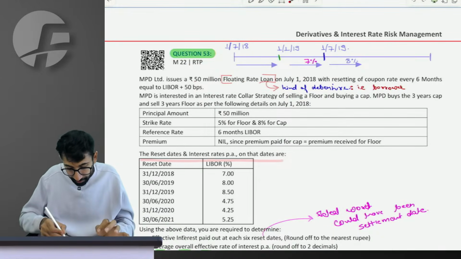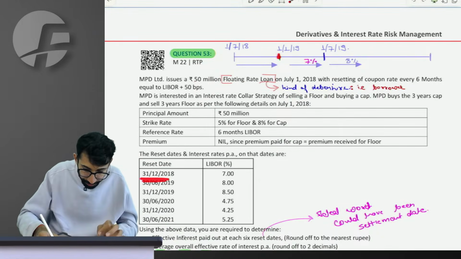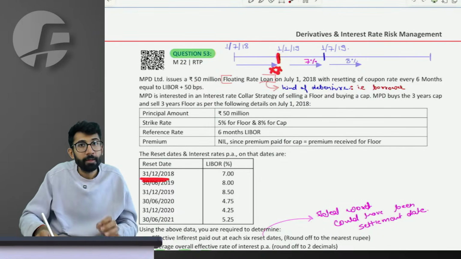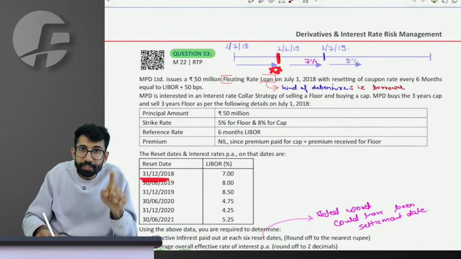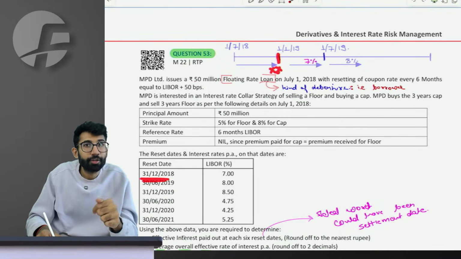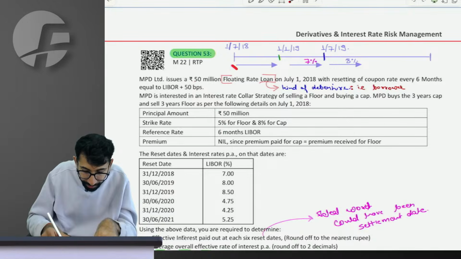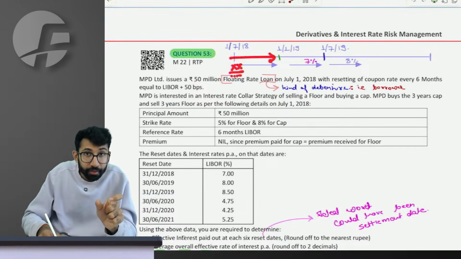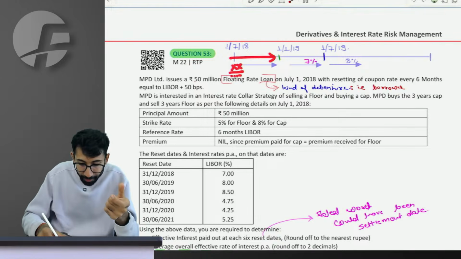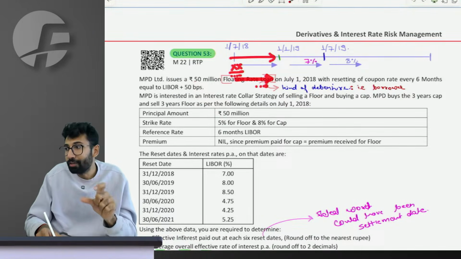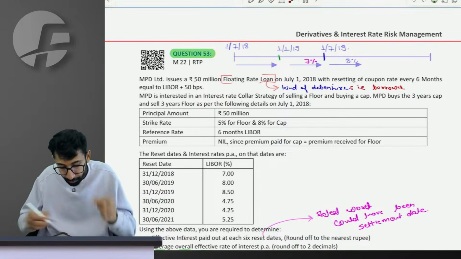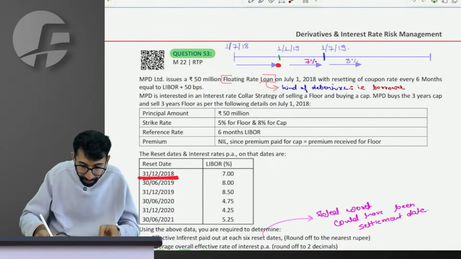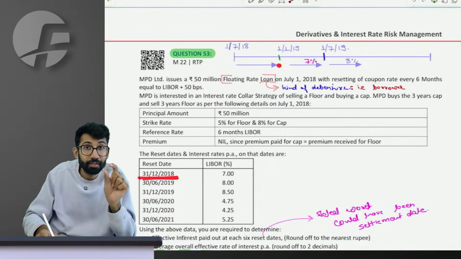Reset dates are 31st December 18. The first reset date is this. Rather than rectifying the solution, the institute could have rectified the question. They could have given the first reset date at this point, so that my first period of borrowing in the spot market and my first period in the derivative market can match. Unfortunately, they say 31st December 18 is my first reset date.